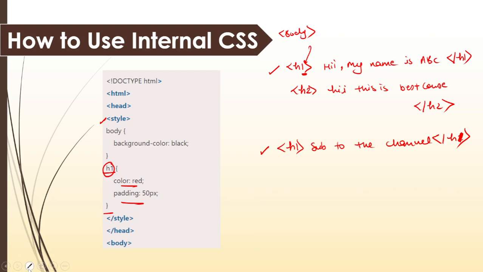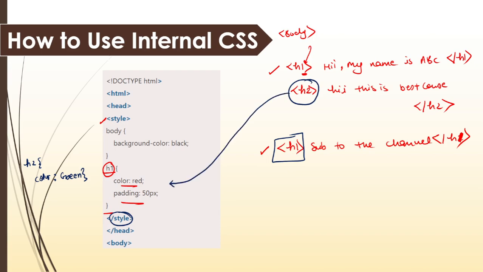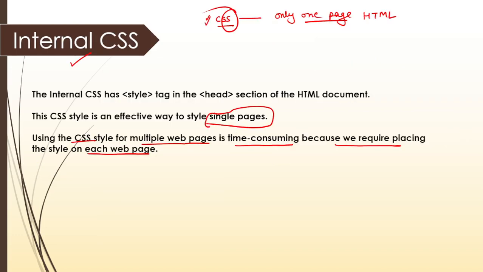Now the next point I would like to add here is, suppose before closing this H2, I am writing H2 color colon green. So in the body section, the H2 statement will change its color to green, because we have linked all these statements together by using the style tag. This is how you can use the internal CSS.